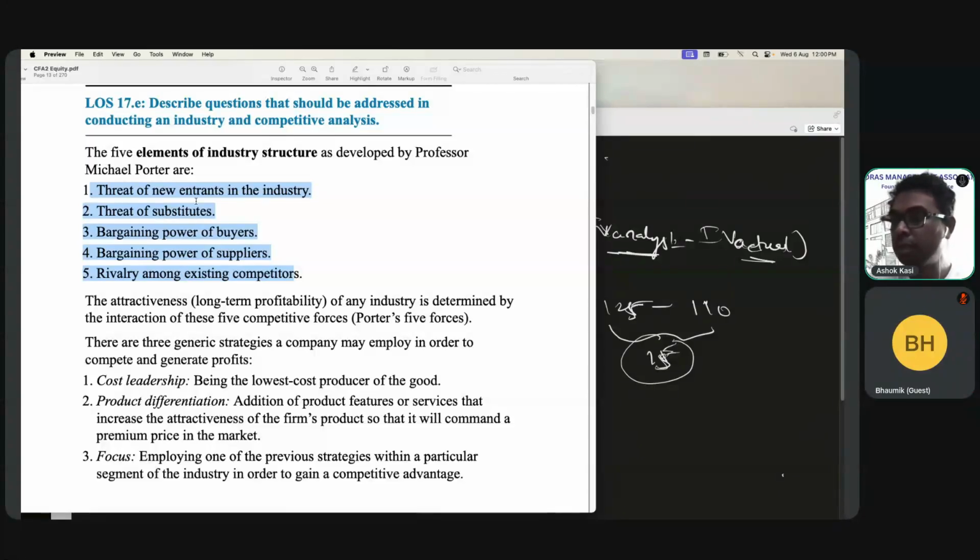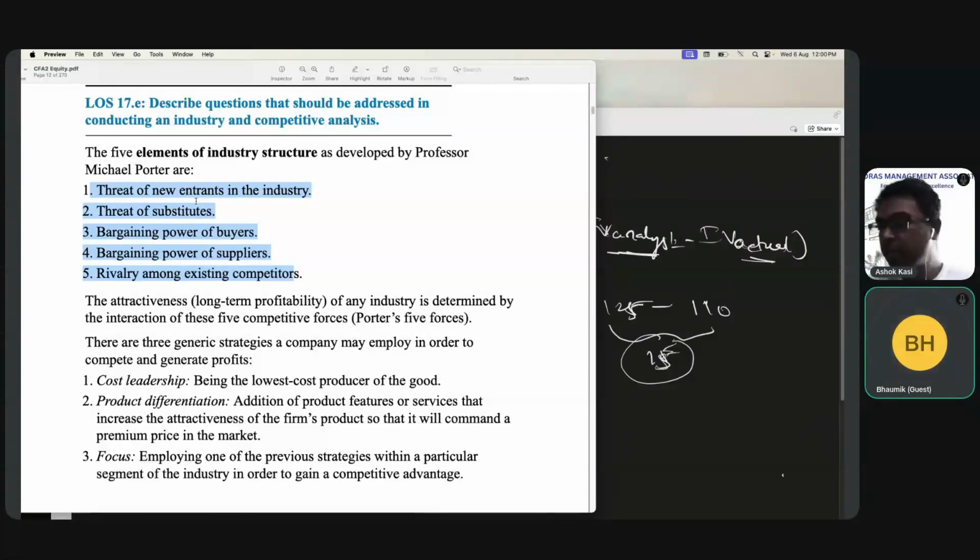If Oppo and Vivo, they are more or less substitutes. So if one is raising the price, I will go to the other one. That is substitute products.